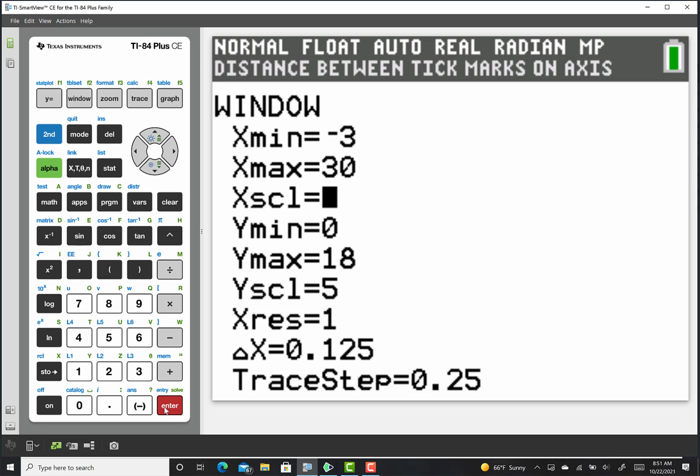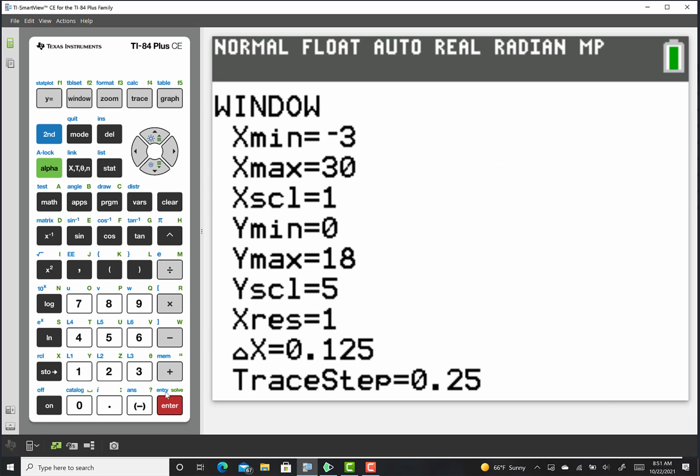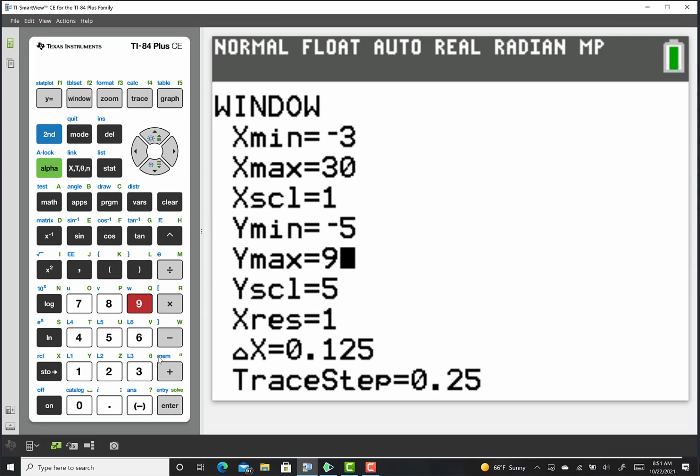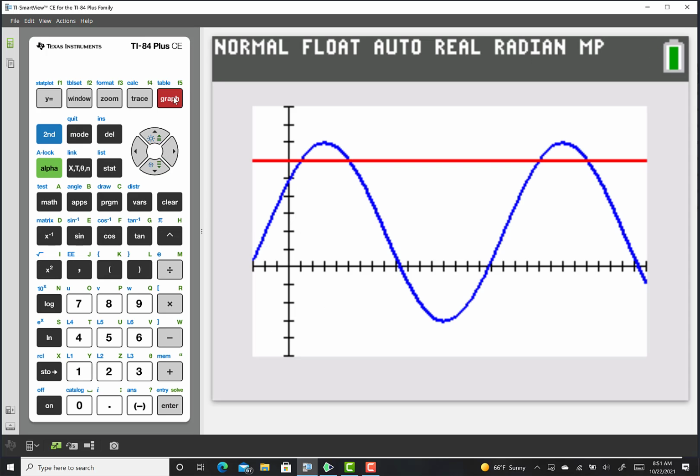X scale by 1, that's fine. Y min, it goes to -3, so go a little bit below that, -5 maybe. And it goes to 7, so maybe a little bit above that, so maybe 9. And Y scale, you don't really care, but that's fine. Push graph, and there it is.